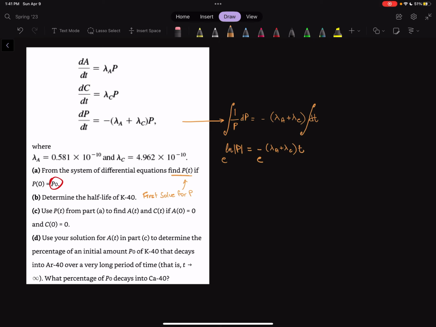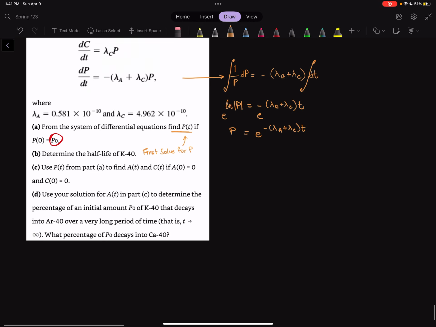So what number do I need to raise e to get to p? ln of p. And so this becomes just p. And here this becomes this right here. So now, all we want to do is put in the actual values.